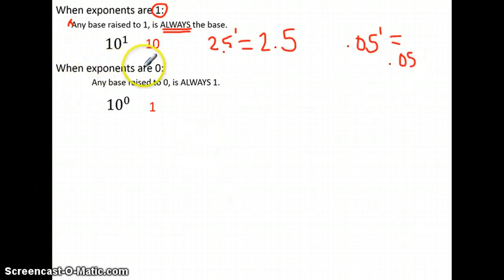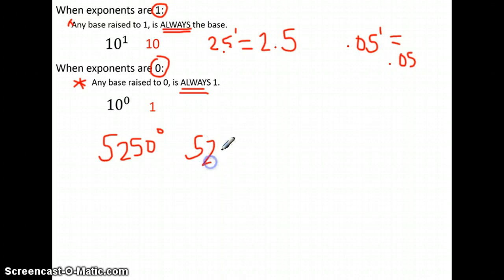Next, when exponents are 0, we must remember that any base raised to 0 is always going to be 1. 10 to the 0 power, 1. 5,250 to the 0 power will be 5,250.